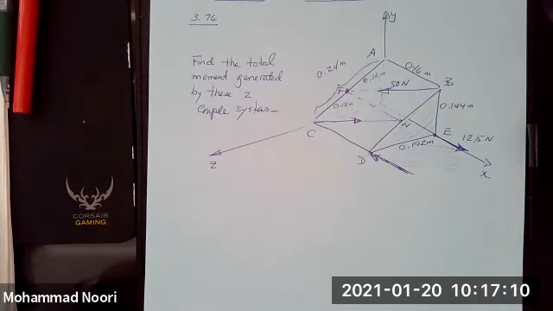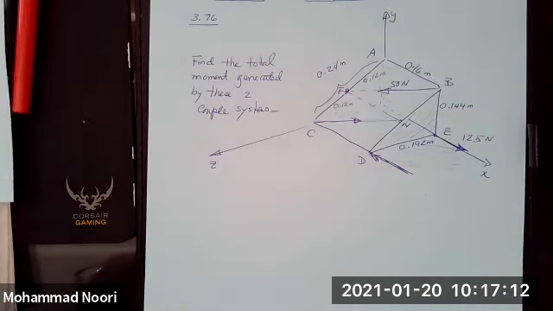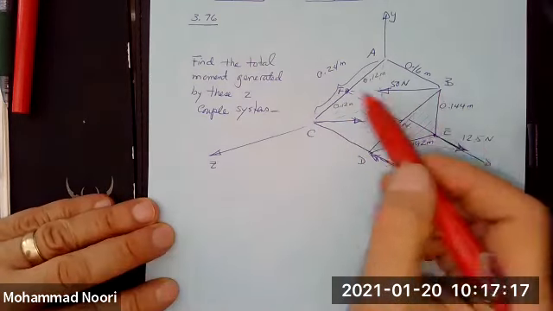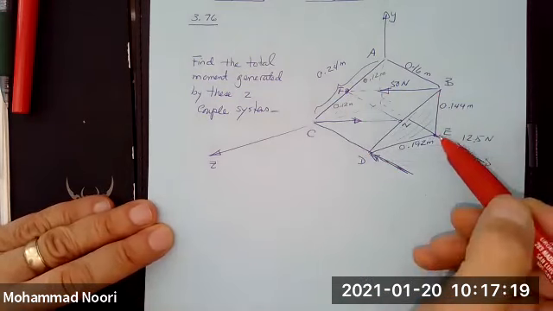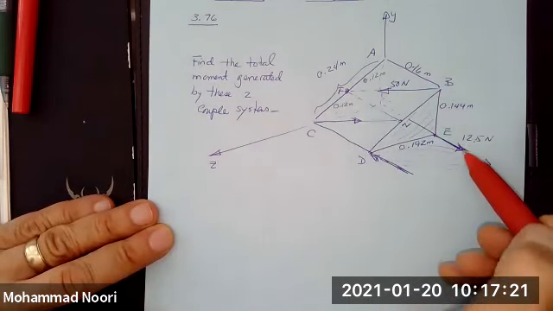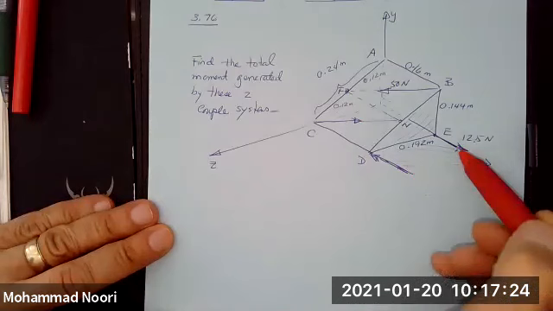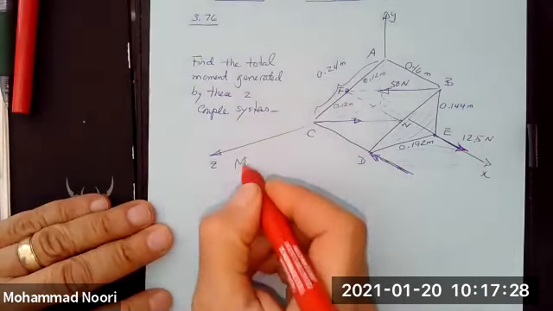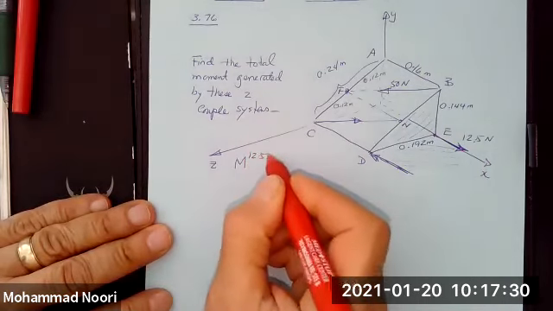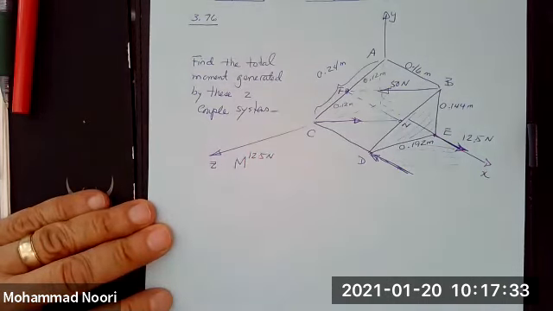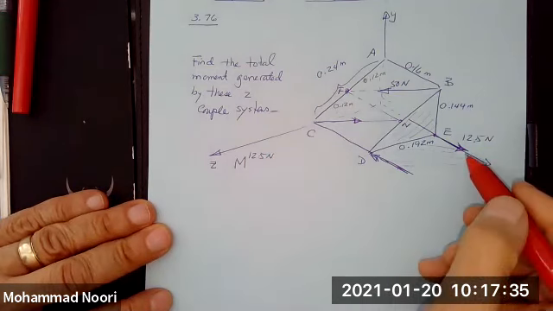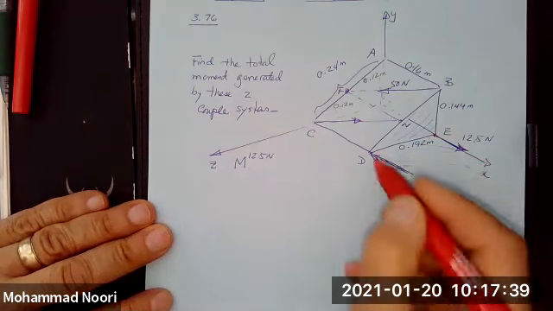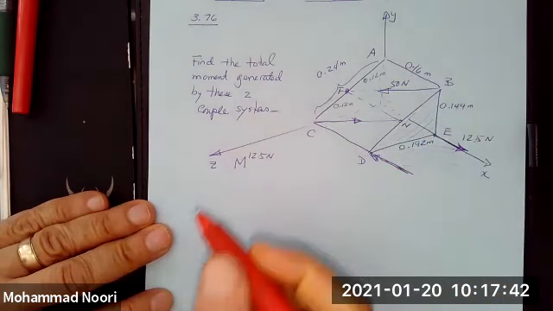No? So let's start with the more difficult part. Actually, let me start, in the other section, I started with this one. Let me first find the moment that this force generates. In other words, the moment that that 12.5 Newton couple will generate would be what? You have the vertical distance between these two forces. It is rotating this way, acting downward.